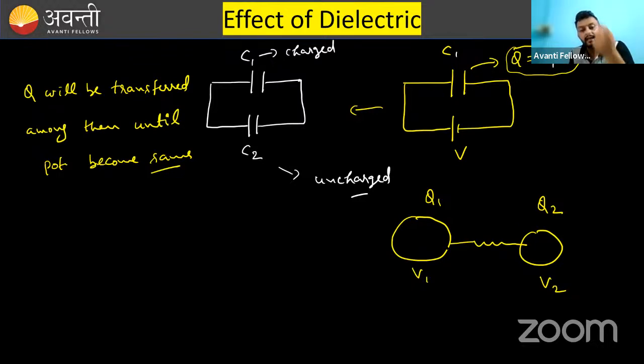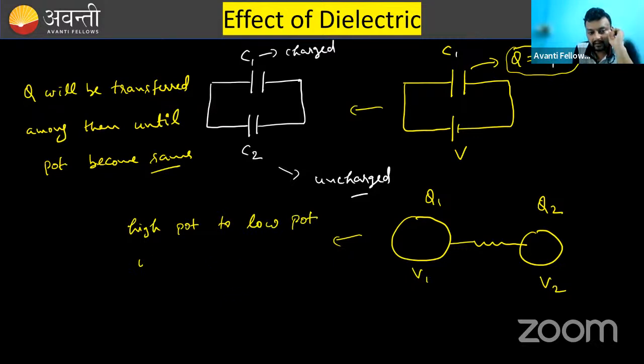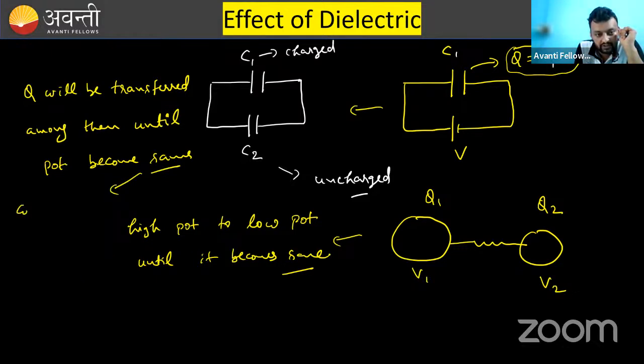Charge will be transferred from the high potential body to the low potential body until the potential becomes the same.